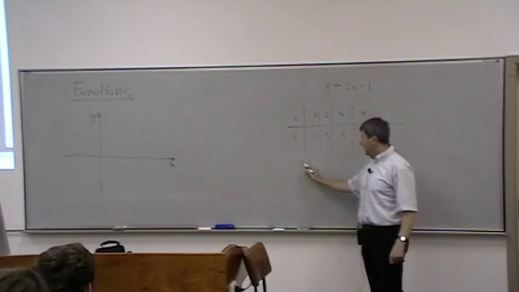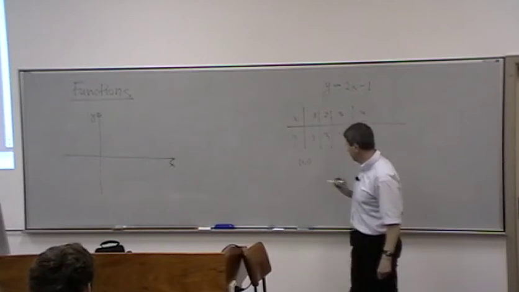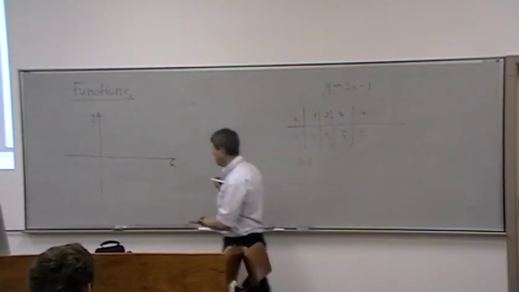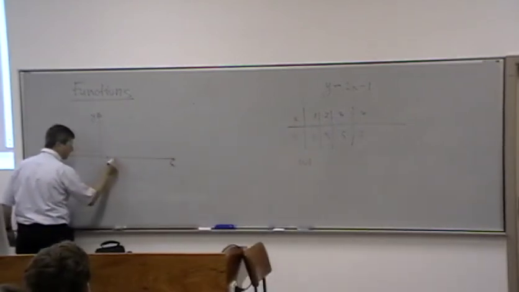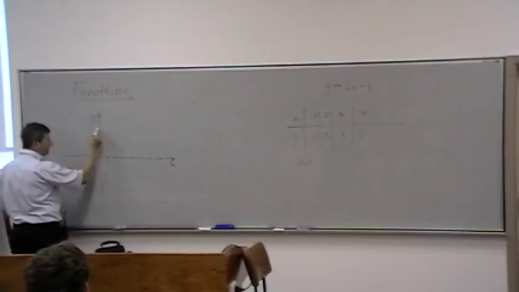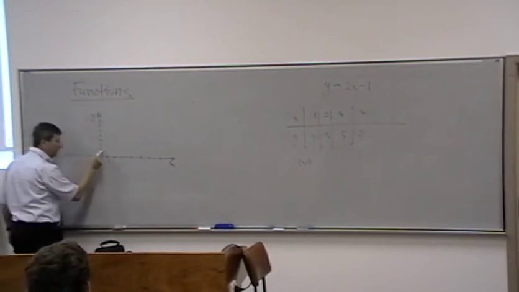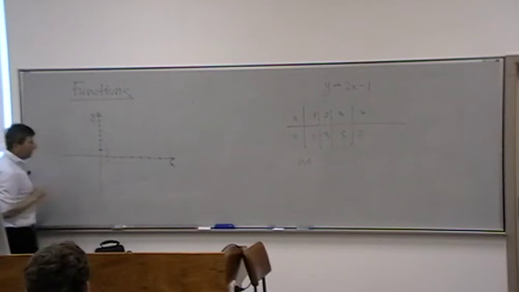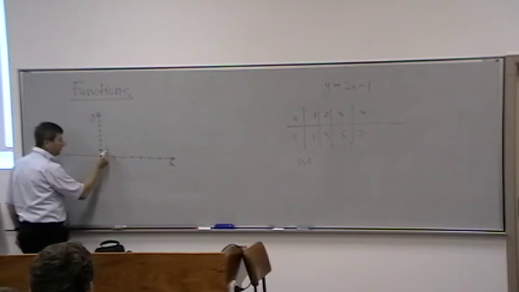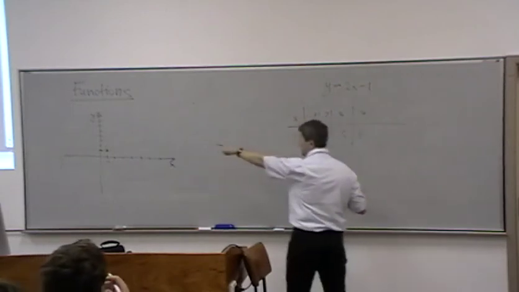When I write this, I have in mind the pair of coordinates x and y, not the interval excluding the ends. So the pair of x equals 1, y equals 1, I look for x equals 1 on the x-axis, and for y equals 1 on the y-axis, and I go in a perpendicular way up and vertically and horizontally, and I get a single point. So I can depict this pair of input and output by a single point here.